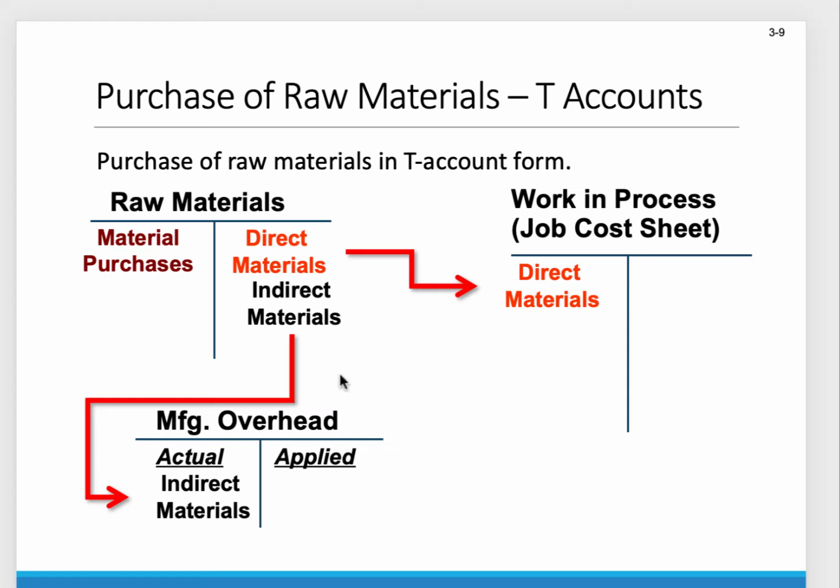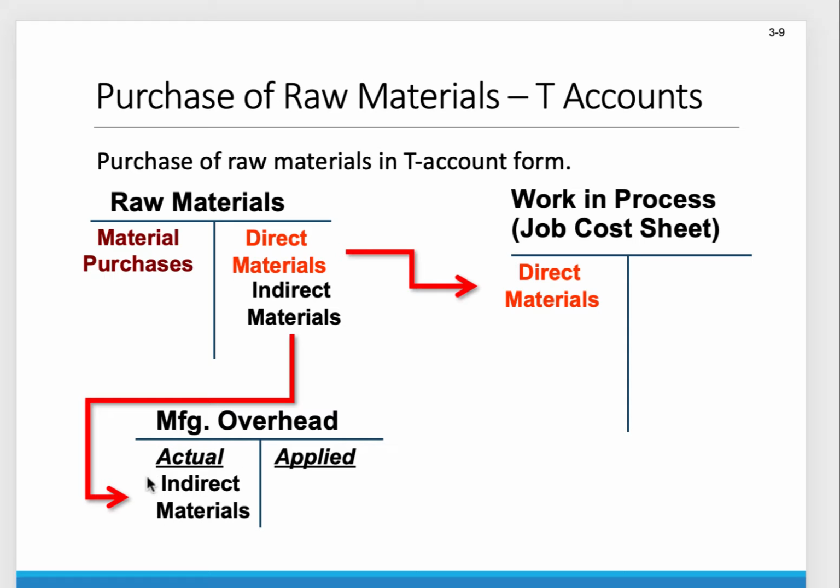Okay? So we actually incurred some amount of indirect materials for this job. Okay? We need to leave raw materials. How do we get it out of raw materials? With a right side entry or a credit entry. Okay? Our manufacturing overhead goes up, right? We're recognizing that we actually incurred this expense.